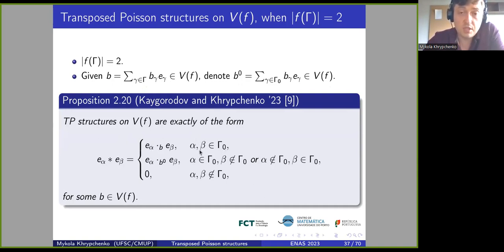This is just the usual mutation of the group algebra structure if both alpha and beta belong to gamma 0. If one of them belongs and the other one does not, then we define it by a mutation with respect to B0. And if both do not belong, then we define it by 0. And this is the description of all the TP structures in this case.